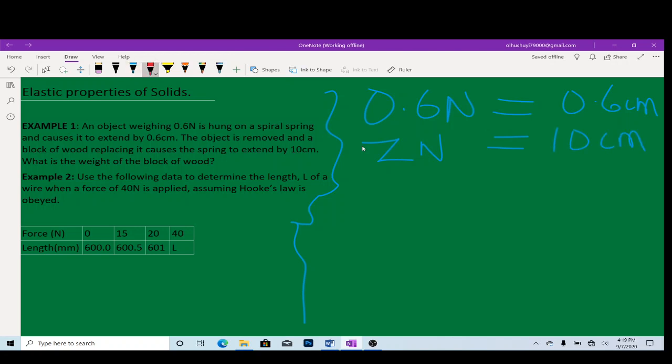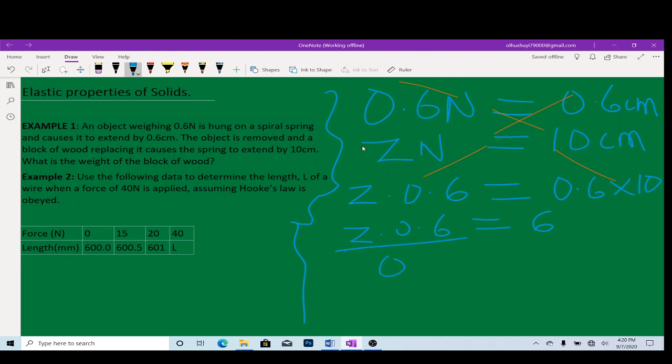By the time I choose to cross multiply, what do we have? We have Z times 0.6 is equal to 0.6 times 10, isn't it? That is 6.